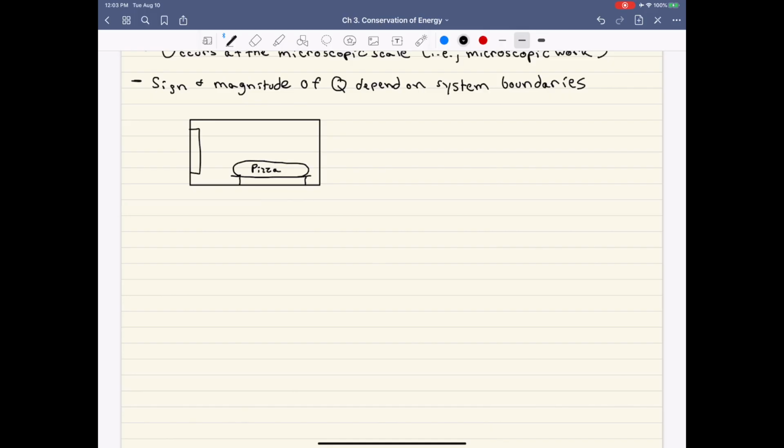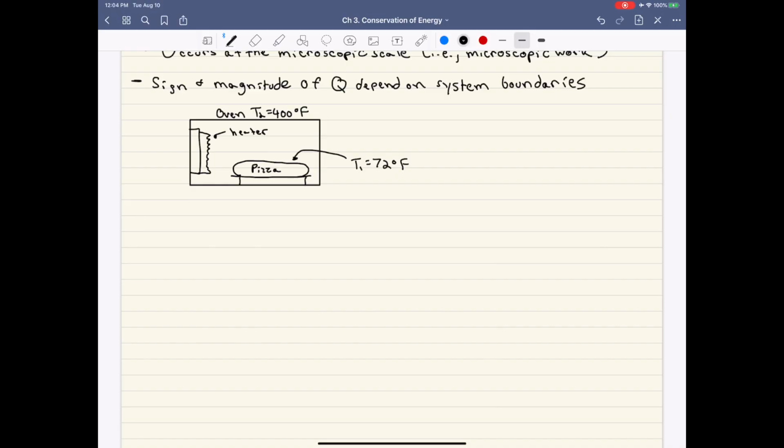And then in the back of the oven, there's some sort of heating coil that gets hot and transfers heat from the coil to the air in the oven and then eventually to your pizza. So this is the heater. Let's say that when you initially put the pizza into the oven, it is at around room temperature, but you had already preheated your oven to 400 degrees Fahrenheit. These are all typical values.